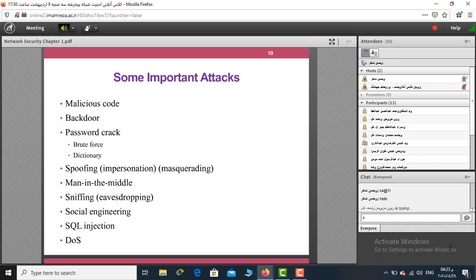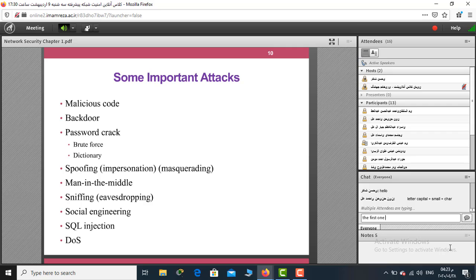Well, my question is: which of these two passwords is stronger? K4 at sign, with capital and small letters and a character combination. What about these two?